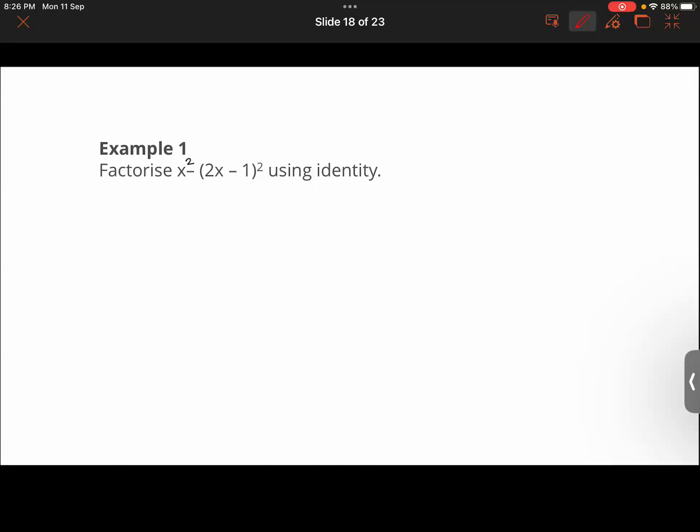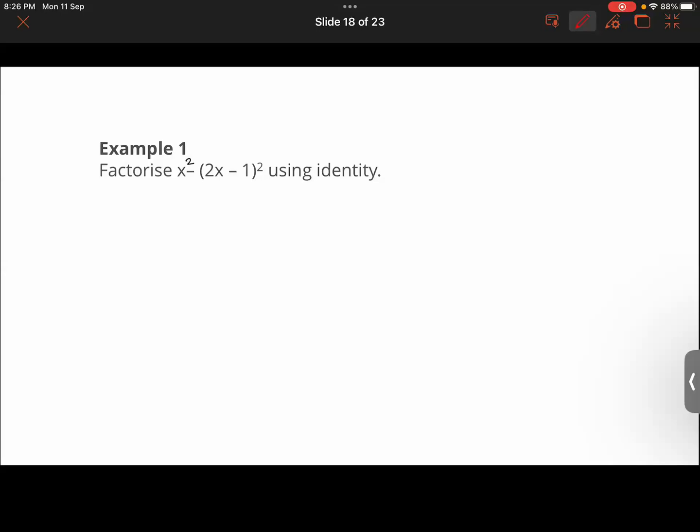Okay, repeat the first identity. What was the first identity which you used? It was a plus b whole square is equal to a square plus 2ab plus b square. Second one? It was a minus b whole square is equal to a square minus 2ab plus b square. The third one?